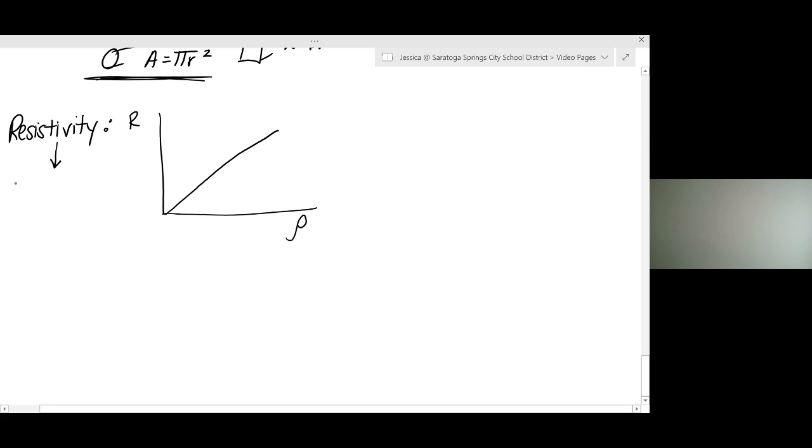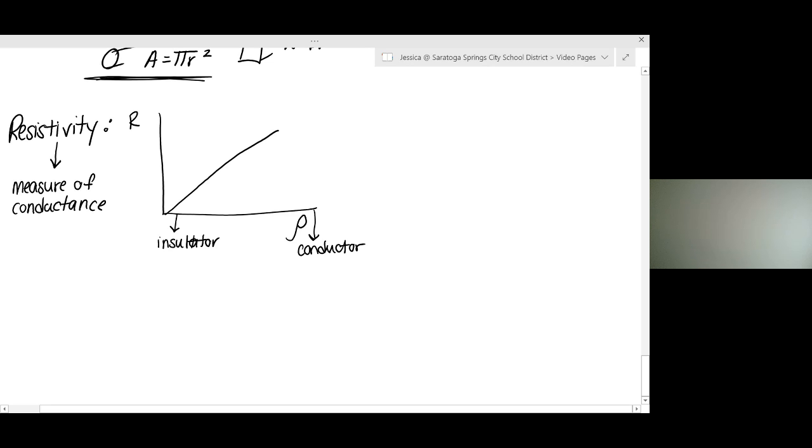Well, resistivity is a measure of conductance. So how well electrons can travel through a given material. So something with a high resistivity would be a conductor, like metal, and something with low resistivity would be an insulator, like plastic.